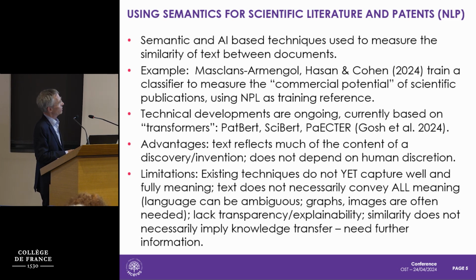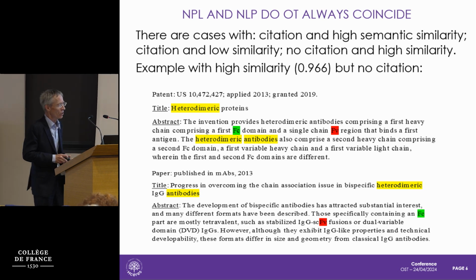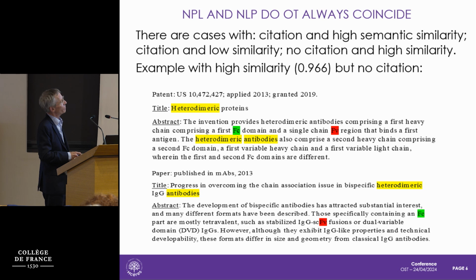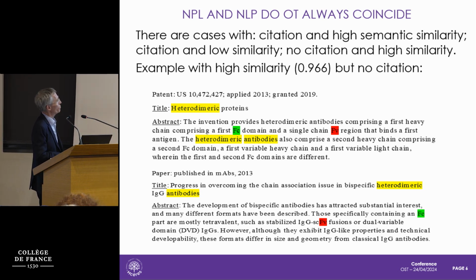Just to give you an example of the possible divergence between these two sorts of data sources. Here you have a patent at the top and publications at the bottom. They are the title and abstract.